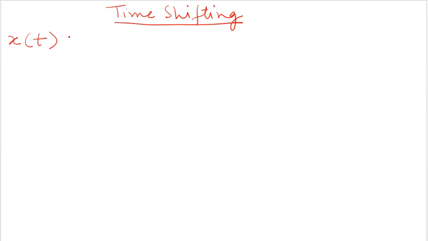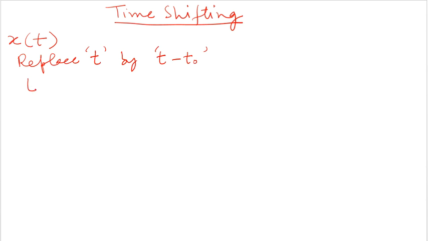It may be shifted in time just by replacing its variable t by t minus t naught. That is called a shifting operation.